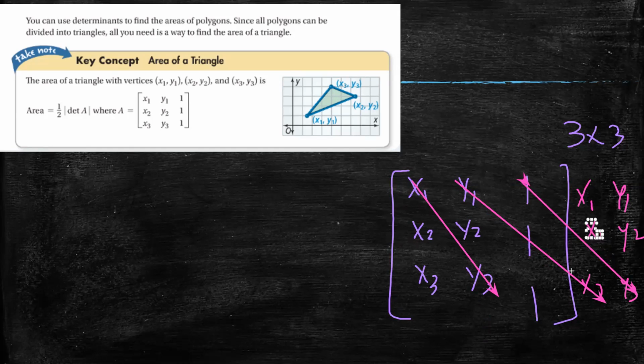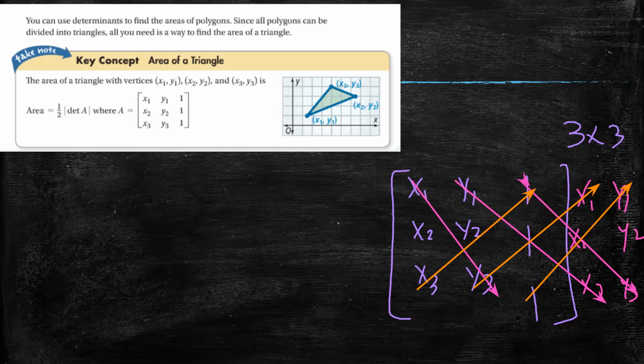This one here must be here. Then minus. After you find this determinant, take the absolute value of it. Half of the absolute value of the determinant will be the area of the triangle.